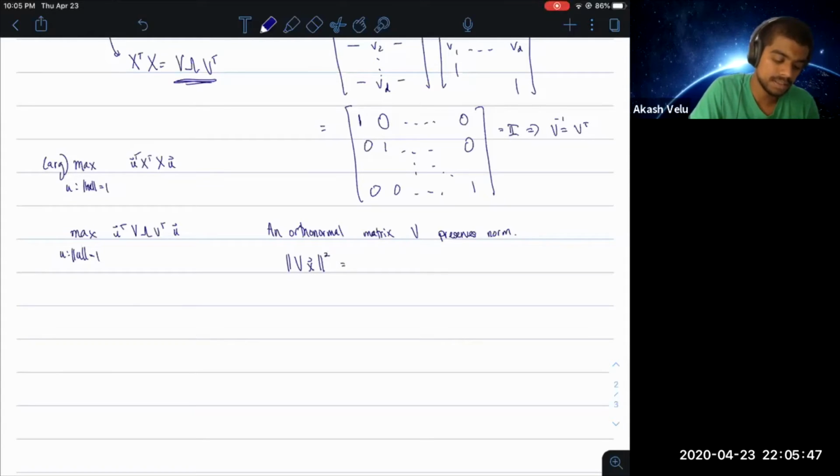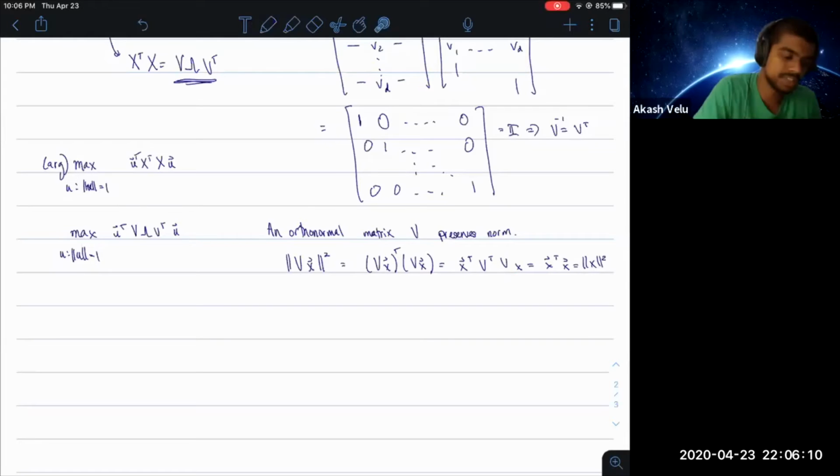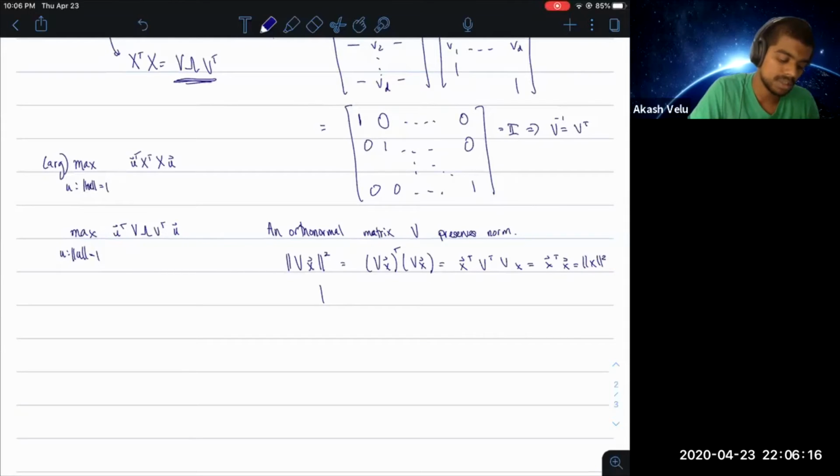And let's simplify this. Remember that we can rewrite this as Vx transpose Vx, equal to X transpose V transpose Vx. And because V is orthonormal, V transpose V is the identity. So we end up just getting X transpose X, which is X norm squared. So we've just shown that the norm of Vx squared is the same as the norm of X squared, which is the same as saying the norm of Vx is equal to the norm of X. So even after we do the linear transformation that V does on X, the norm of the resulting vector is going to be the same.